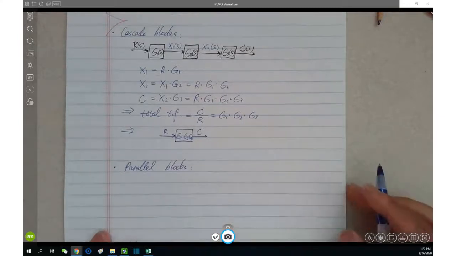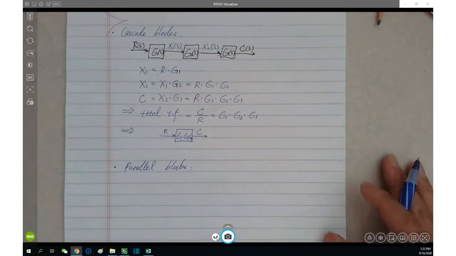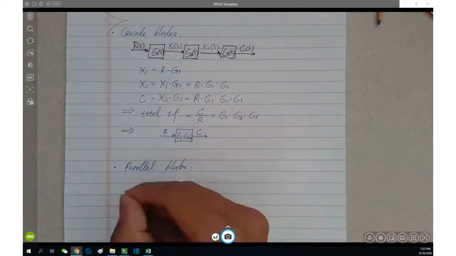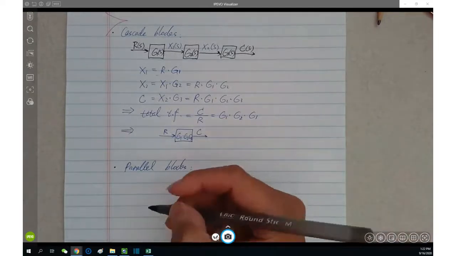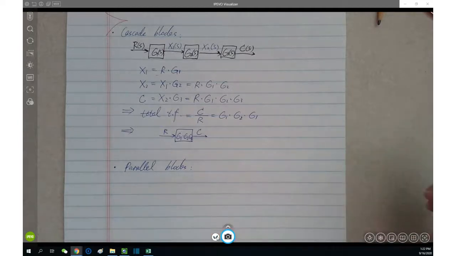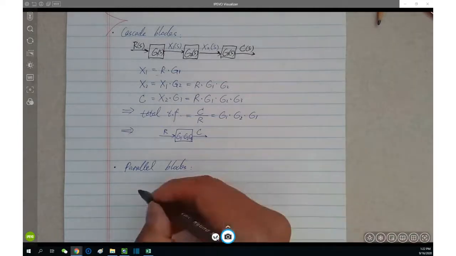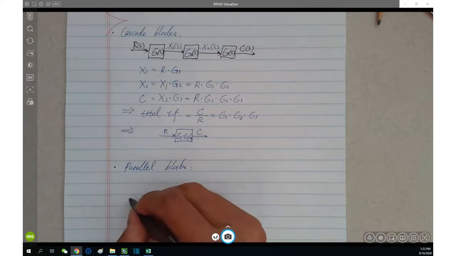The second case is obviously, after cascade, we always gonna learn parallel. Parallel, what does it look like? It's involving the pick-off point and the summing junction. Otherwise, you can't do this so-called parallel.